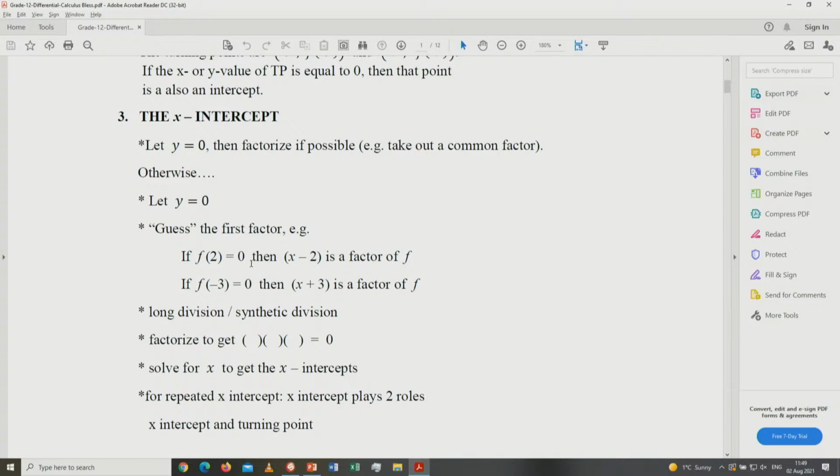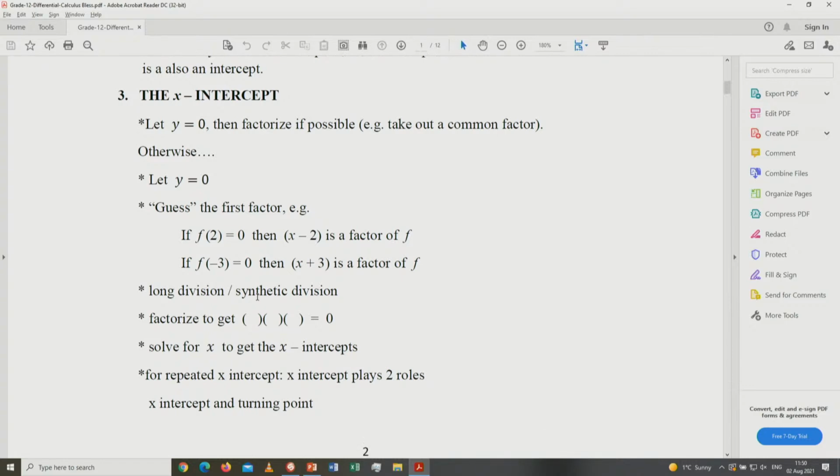Then when you get 0, for example, if x is equal to 2, it means x minus 2 will be a factor of that function. Then to determine the other roots or the other factors, you'll have to choose whether you use the long division method, the synthetic method, or the inspection method. All right, I'll take you through that as we work with the activities, learners.